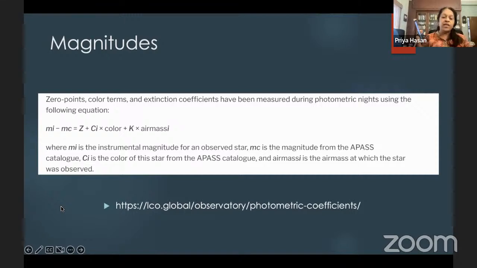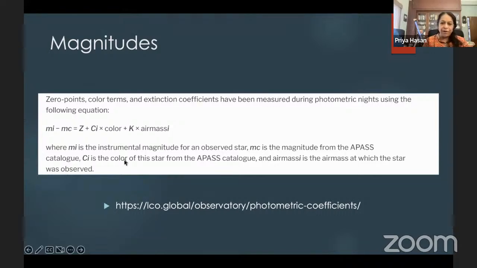So when they observe, they can give you the exact value of the coefficient and correct it so that your magnitudes are in standard magnitudes. It happens in such an automated way that you will almost be unaware of it happening.